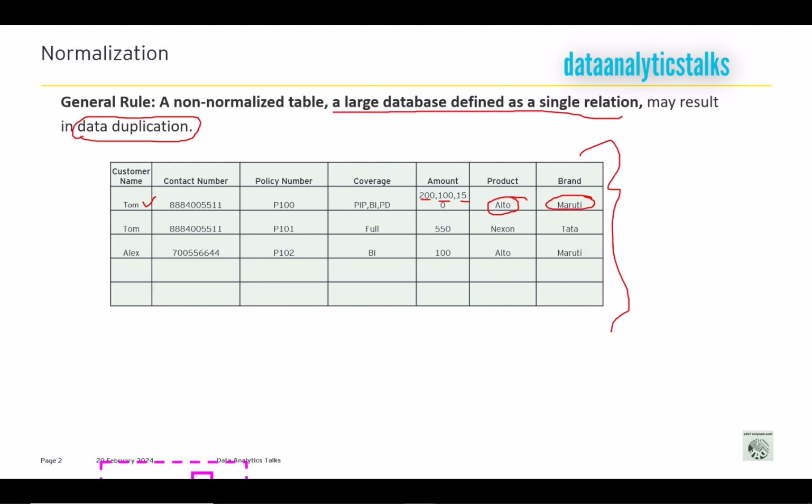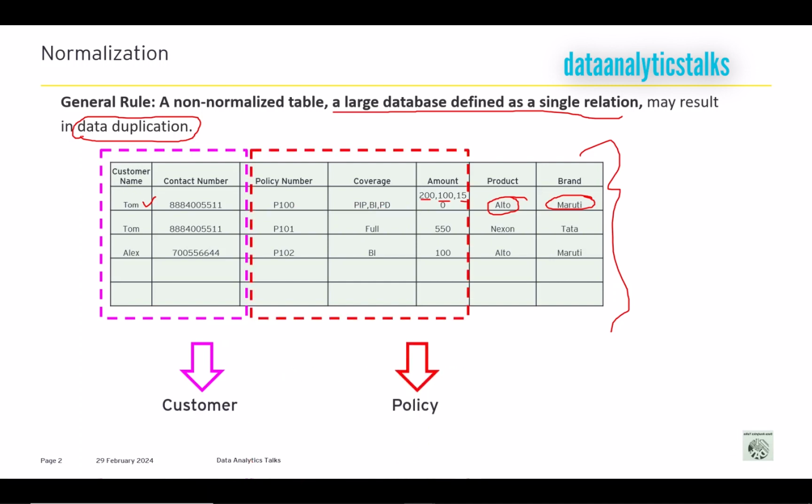For example, customer is one entity because the customer has a name and a contact number, and of course he has policies. When you think of a table, you can think of entities; there is a customer entity. Second, another entity in this table is policy.